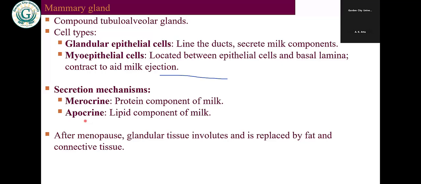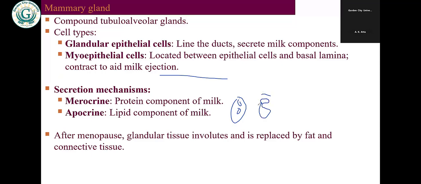The merocrine mode of secretion is the commonest, and it is like exocytosis. The apocrine mode of secretion is where you have something like budding. So if this is the cell, and these are the secreting units, a portion of it will be pinched off.